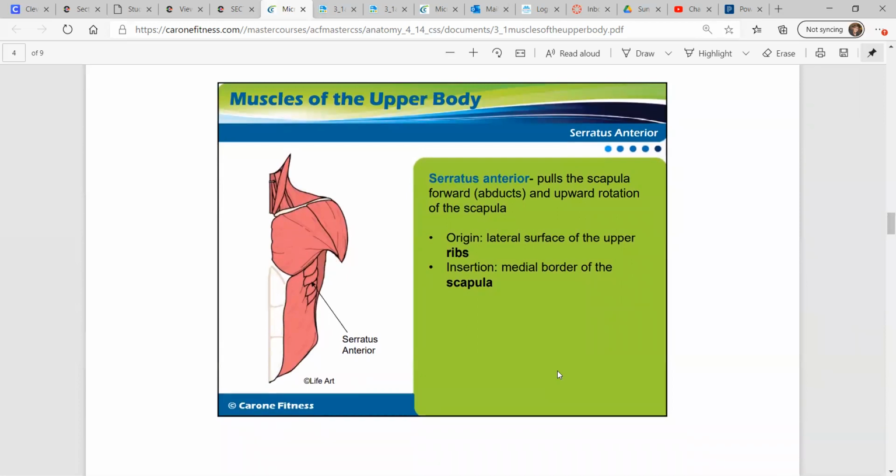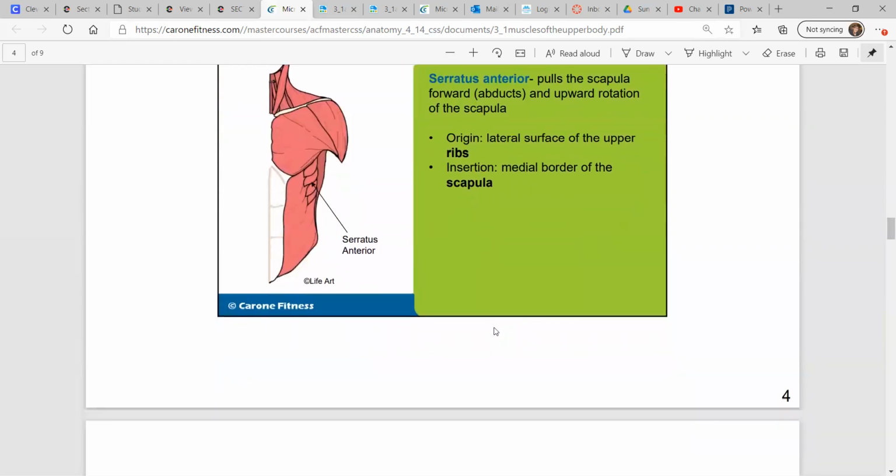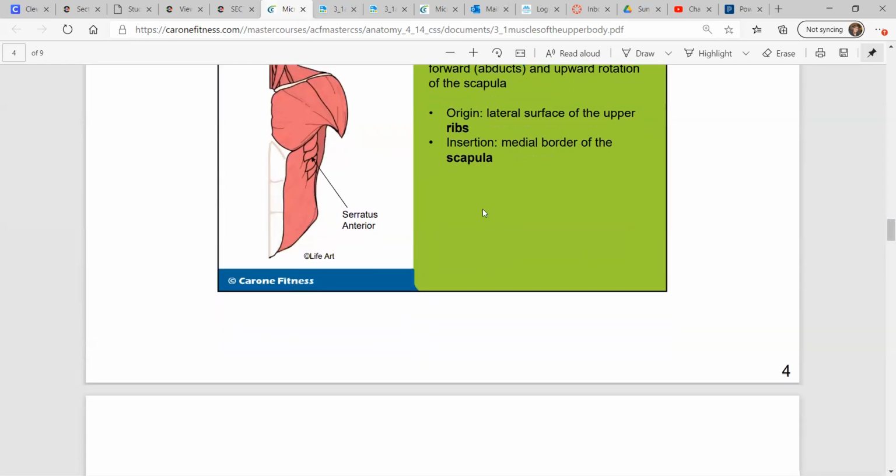Now your serratus anterior pulls the scapula forward, also known as abducts, and upward rotation of the scapula. The origin, lateral surface of the upper rib. So up here, insertion, medial border of the scapula. Origin near the ribs, insertion, scapula.